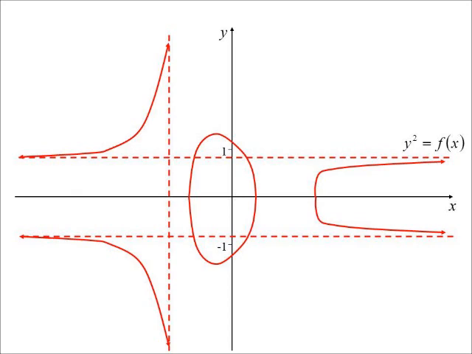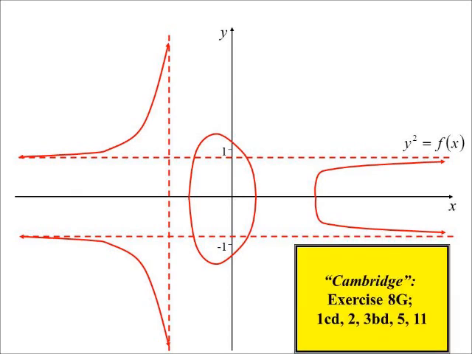So what happens? It just reflects in the x-axis. Because you've got both the positive square root and the negative square root. Just like our circle, if you like, is built up of the positive square root for the semicircle, the negative square root for the other semicircle. Same idea. Okay, so we'll add those in as well.